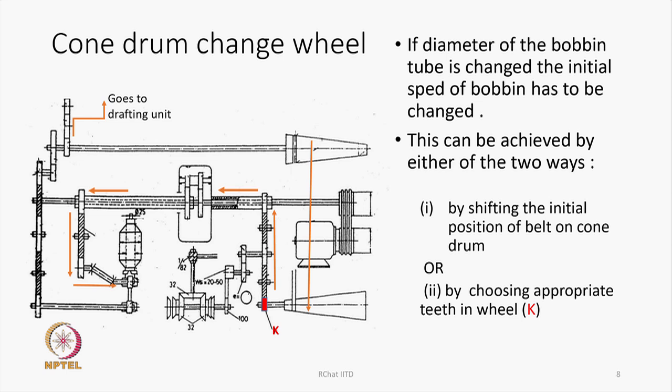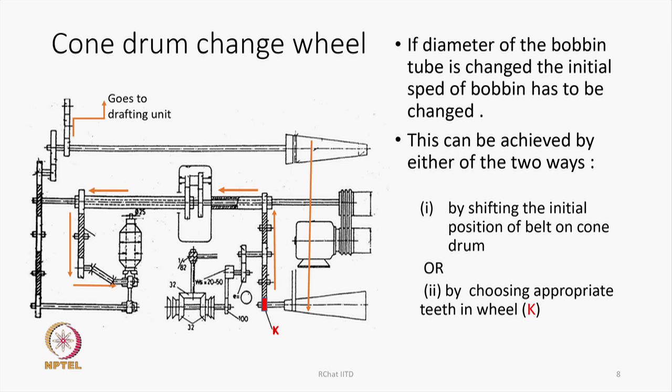Now, if the diameter of the bobbin tube is changed, the speed of the bobbin has to be changed. This can be achieved in two ways: by shifting the initial position of the belt on the cone drum, or by choosing appropriate teeth in wheel K.